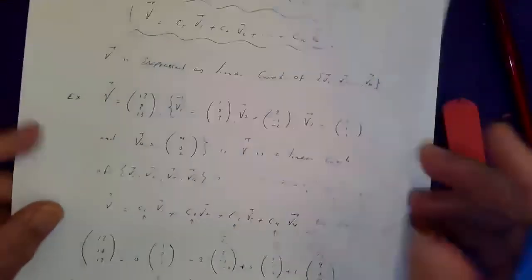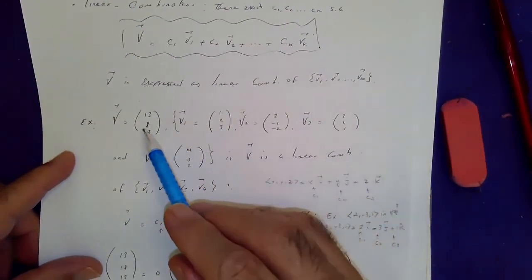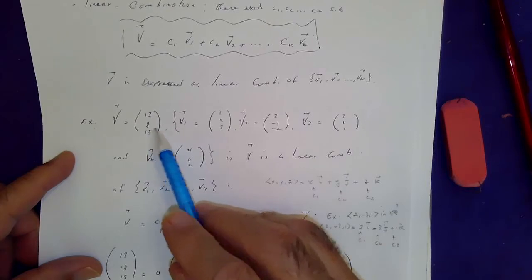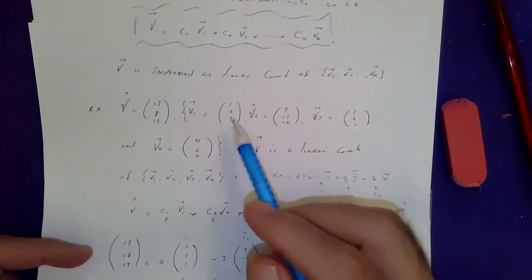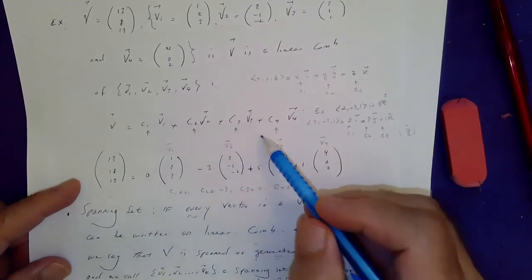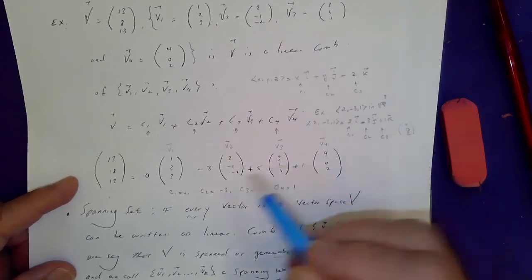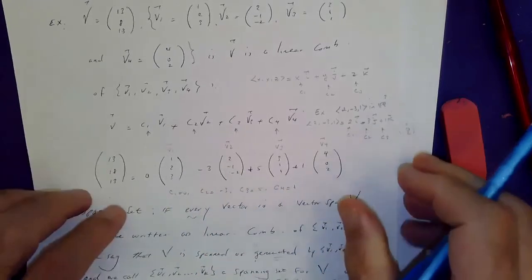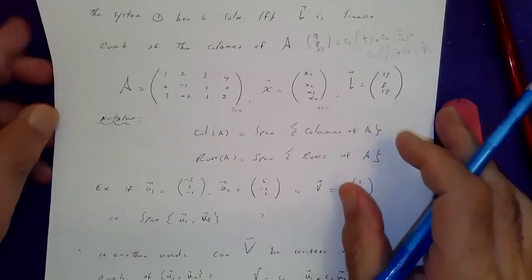But that's exactly what we did a while back. So we decided to call this the column vector of constants, and those are columns of matrix A. If C1 is 0, C2 is -3, C3 is 5, C4 is 1, you can write B as a linear combination of columns of matrix A, which happens to be the matrix of coefficients.